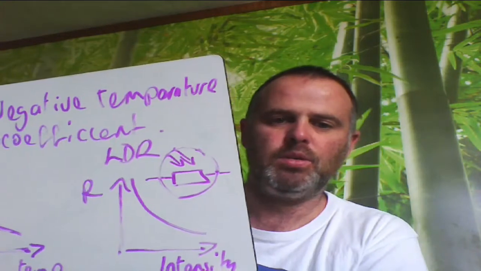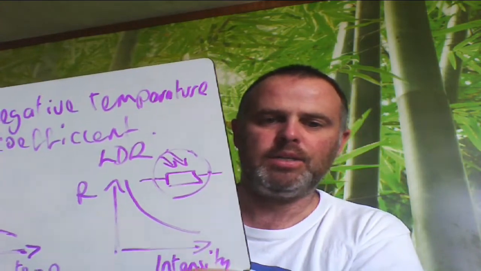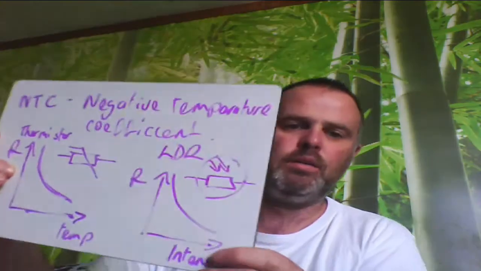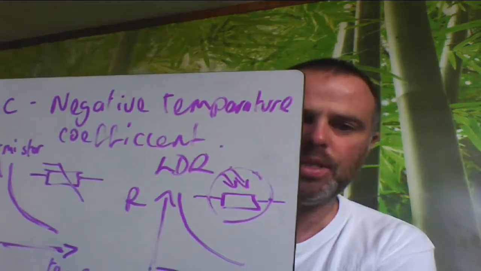Light dependent resistor, draw it like this: a circle resistor and two arrows going into it. Thermistor is a resistor with a hockey stick across it.